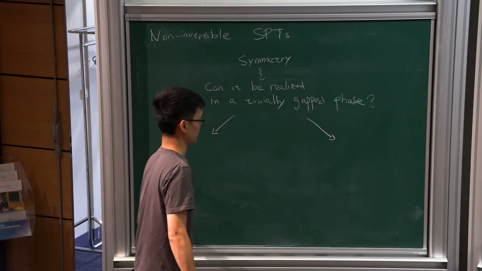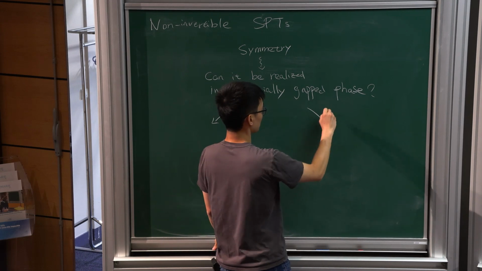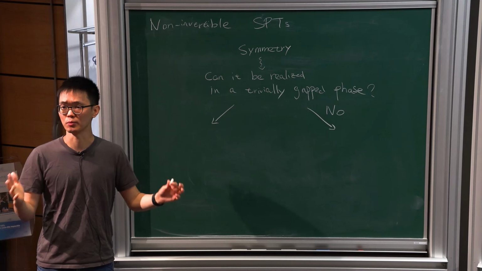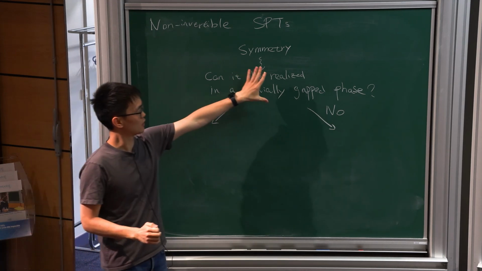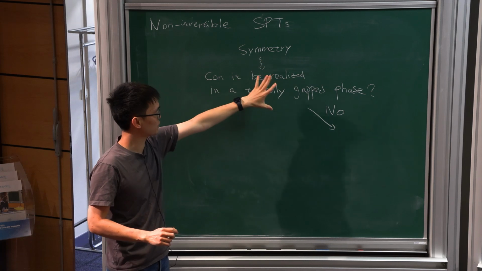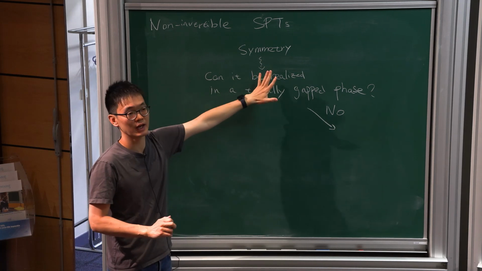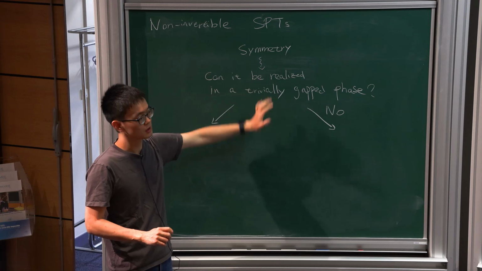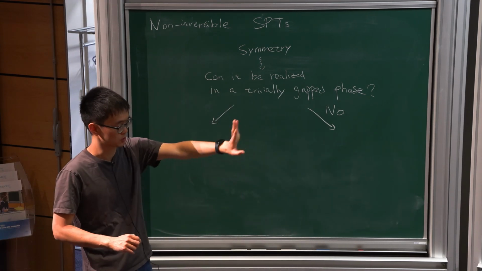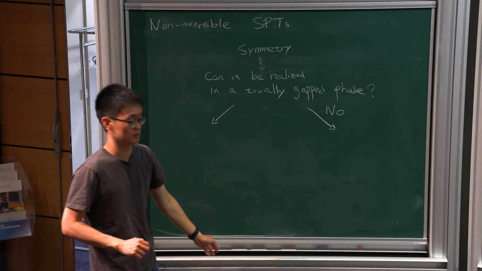Now, the answer could be yes or no. So let's separate them. Suppose the answer is no. For some reason, you come up with a proof that the symmetry you are given just cannot be realized; it's not compatible with the trivially gapped phase. For instance, in Michael Levin's 2019 work, he showed that rigorously for a non-invertible symmetry.